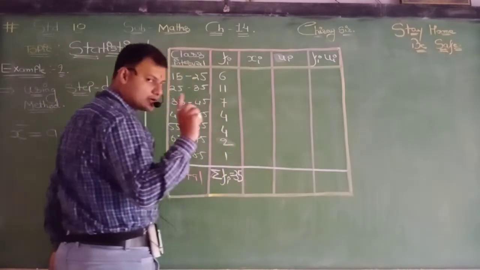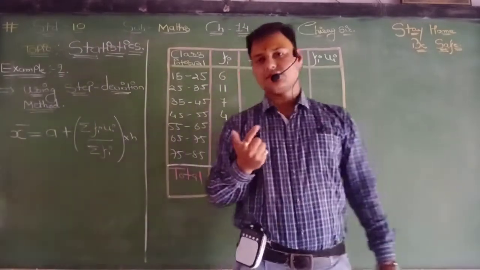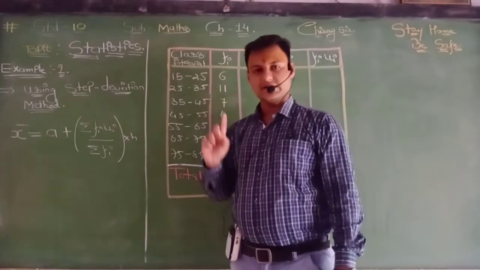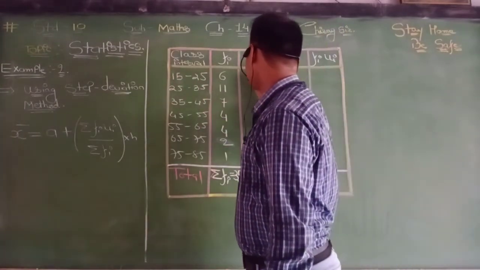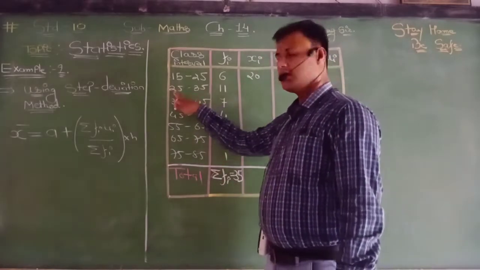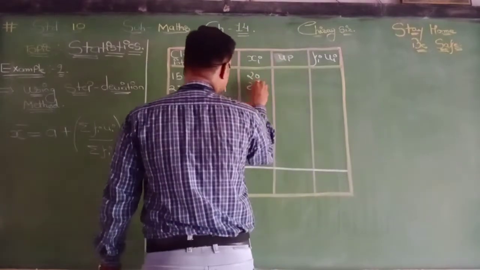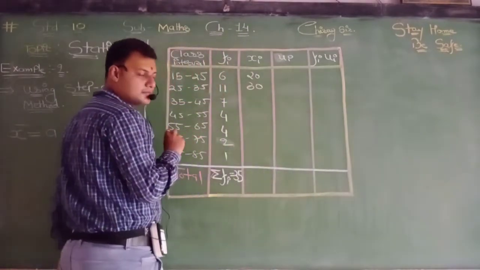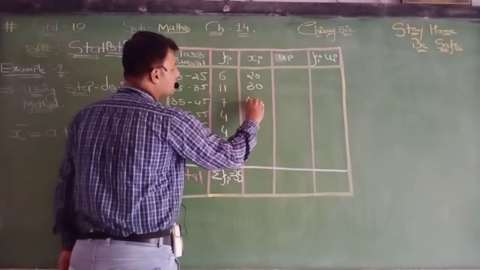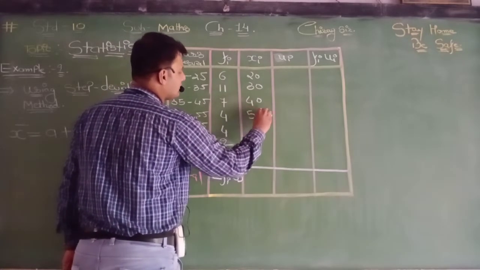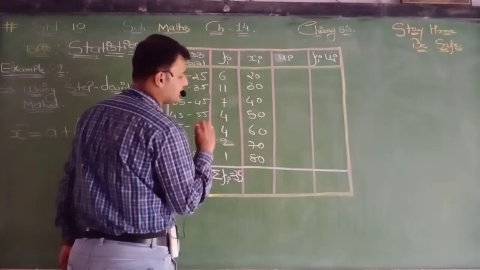Xi: I taught you how to find xi, and today I will repeat it. 15 plus 25, 40, divided by 2, that is 20. 25 plus 35, 60, divided by 2, that is 30. Use your common sense: what is the gap? The gap is 10. So 40, 50, 60, 70, 80.